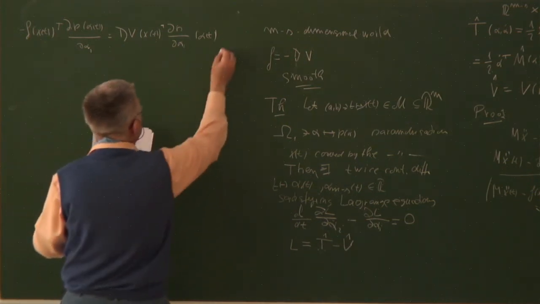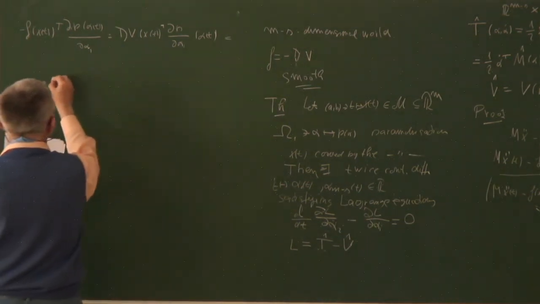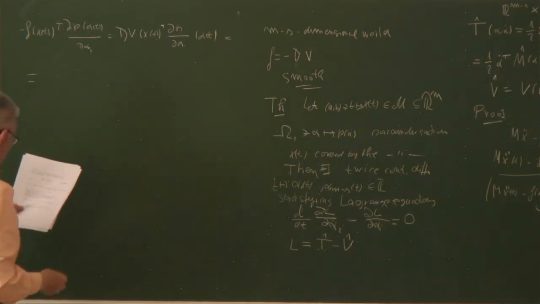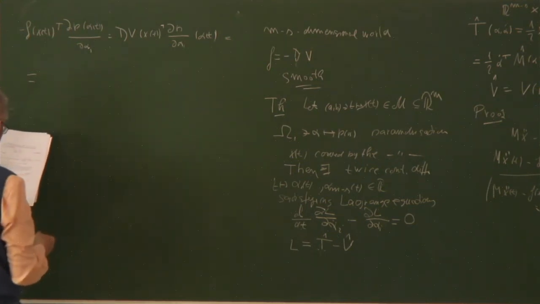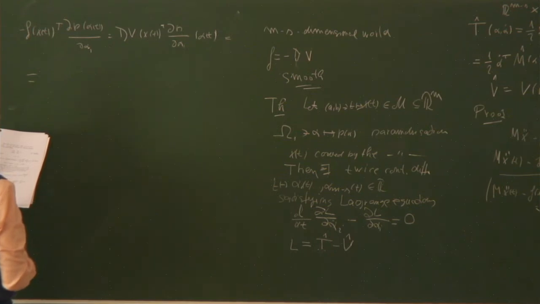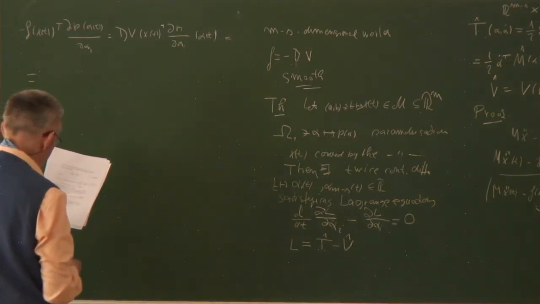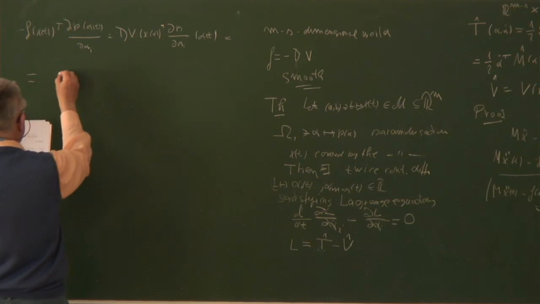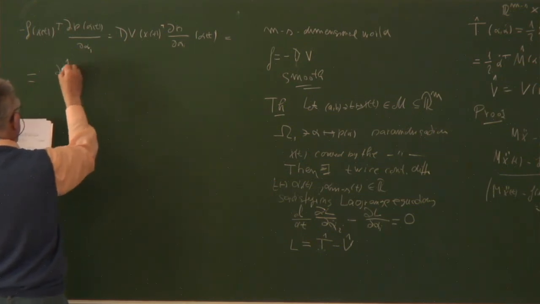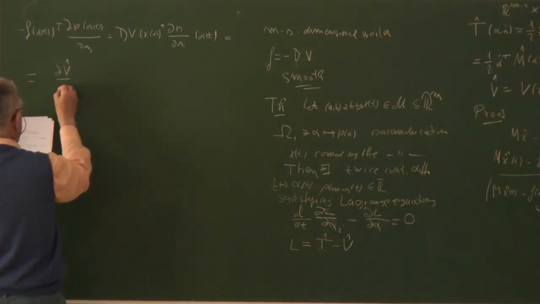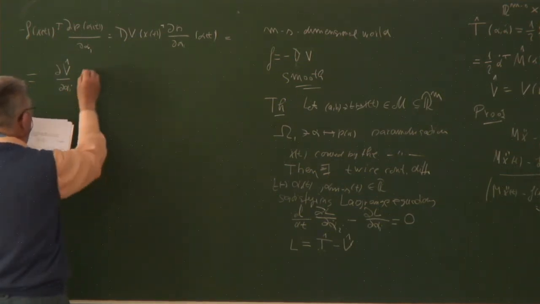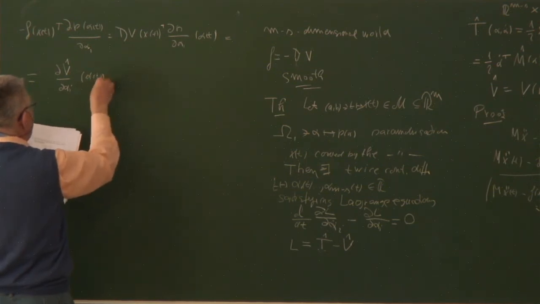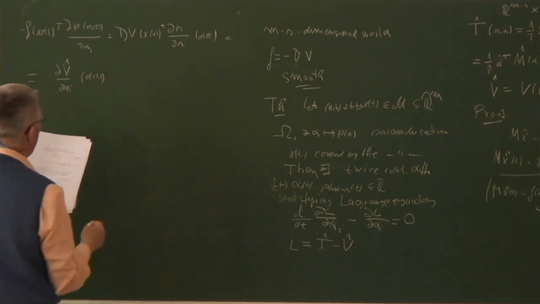Well, that's easy. This is by chain rule, nothing else: dV hat differentiated with respect to alpha i, taken at the point alpha of t. That's just chain rule.